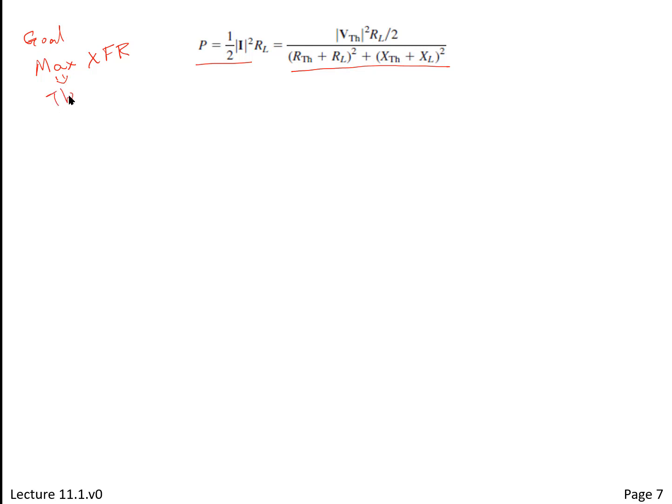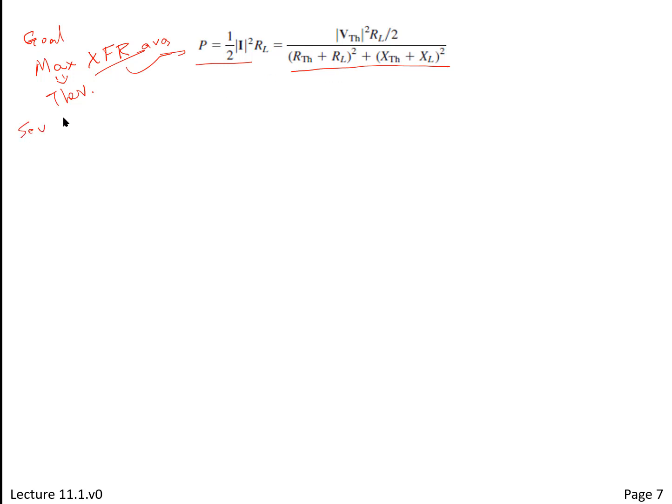This was Thevenin, and to maximize we did Thevenin, and now to get the average transfer, this gave us our average. Now, how do we maximize it? We have the right circuit. How do we maximize it?